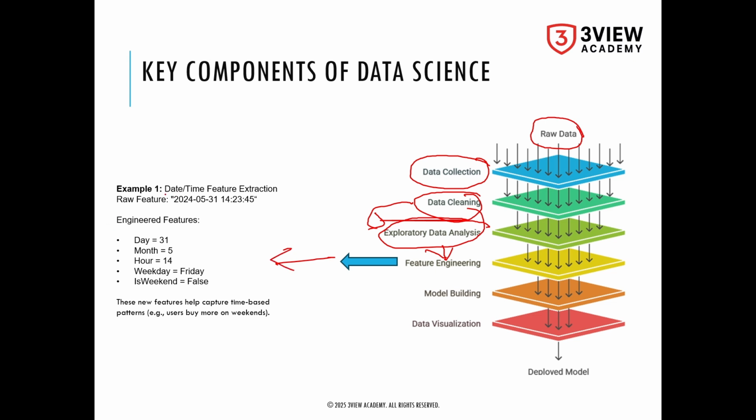In feature engineering, you see data with a date and feature extraction. The raw feature is a timestamp and date stamp. The date stamp is 31/05, meaning May 2024, and the timestamp is 14:23:45.